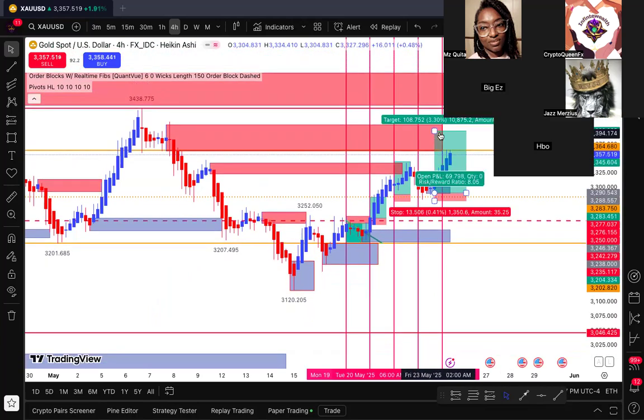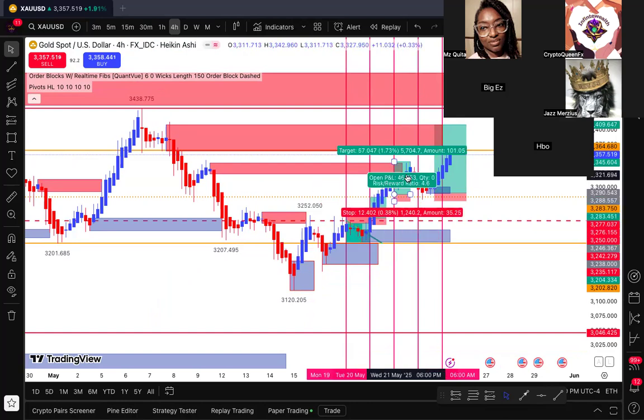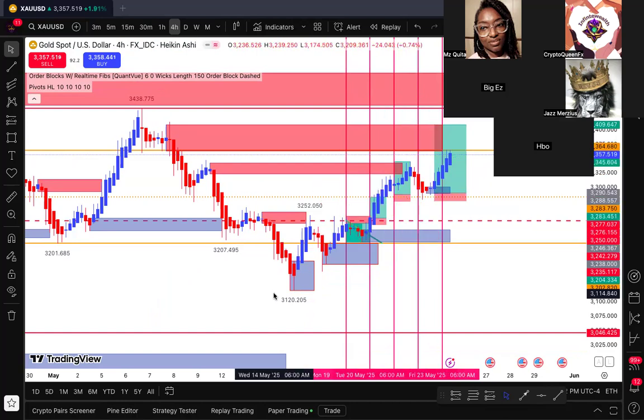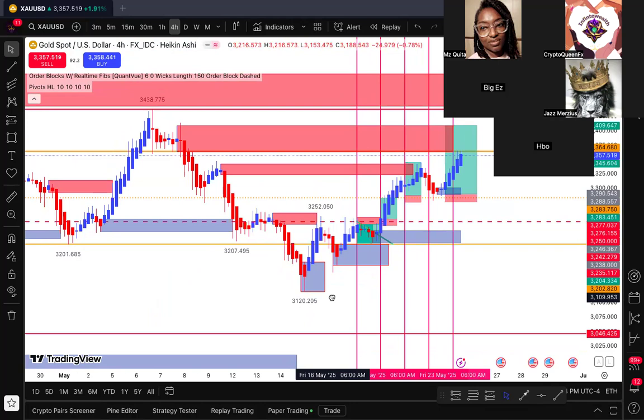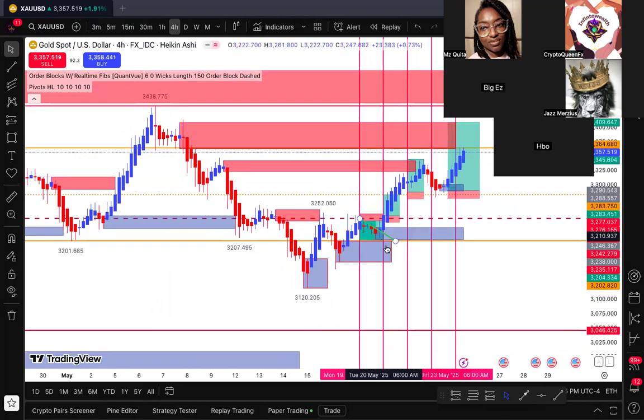And this was the level. I'm actually looking for this buy on gold to continue up here. It's been trending up and came out of this order block. It broke this order block here.